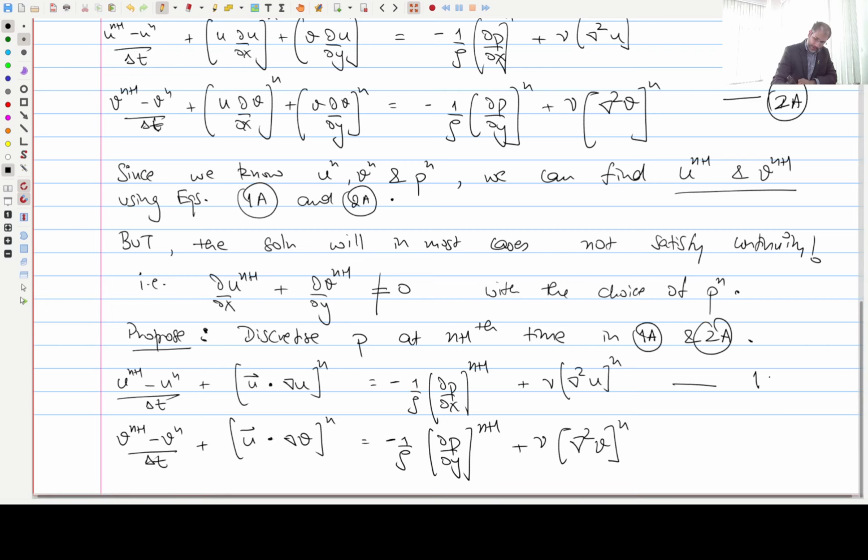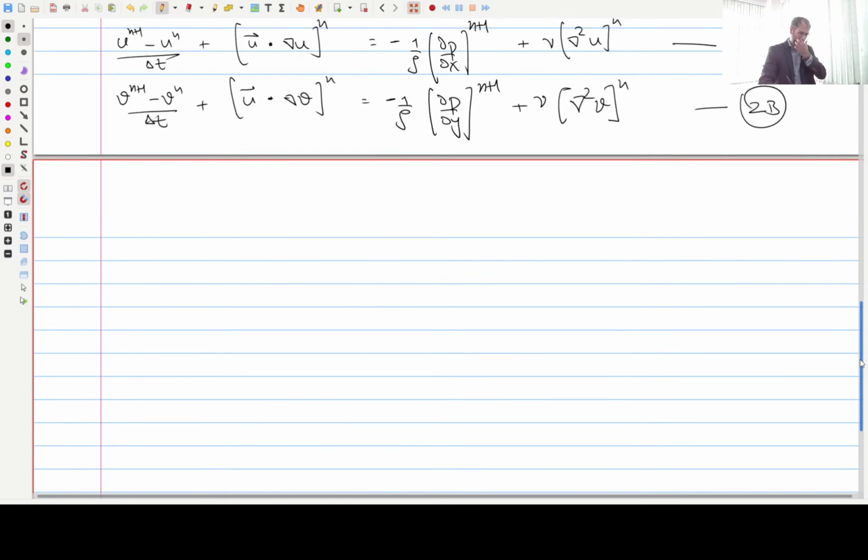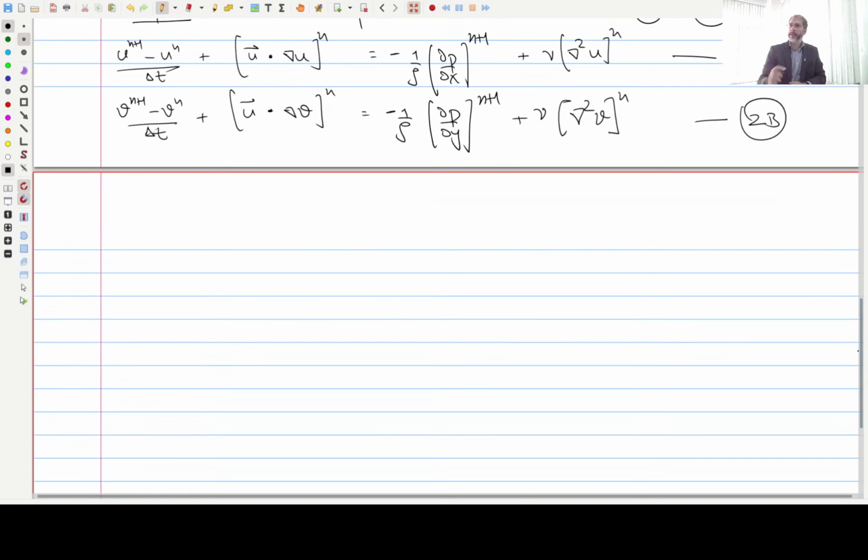We'll call this 1b and this is 2b. So they're following similar numbering, that 1 is for the u equation and 2 is for the v equation, except that we are calling it b because this is pressure gradient at the n plus 1th time.